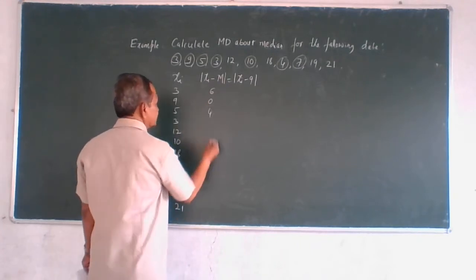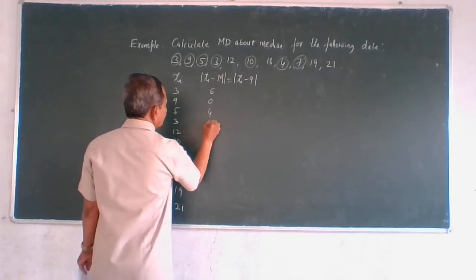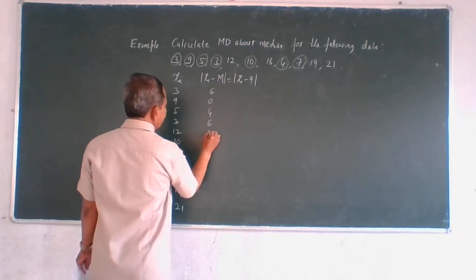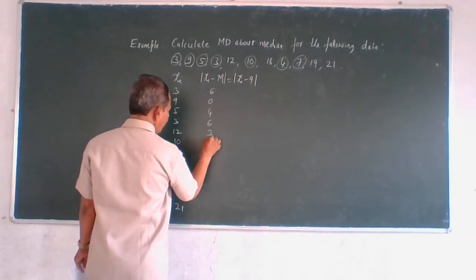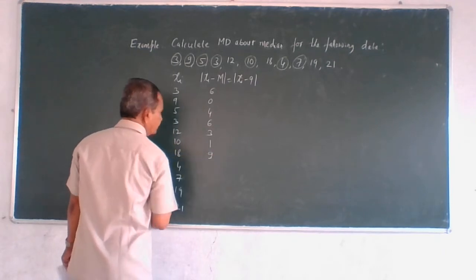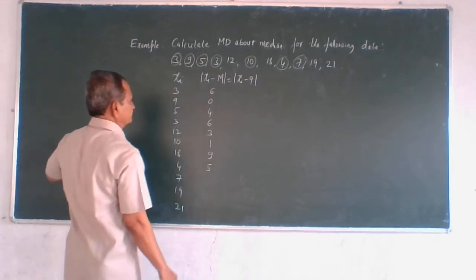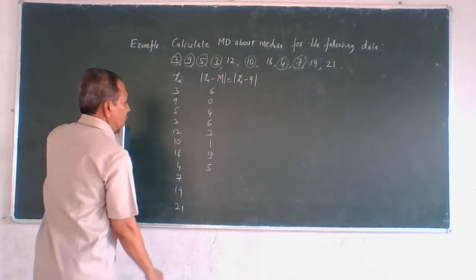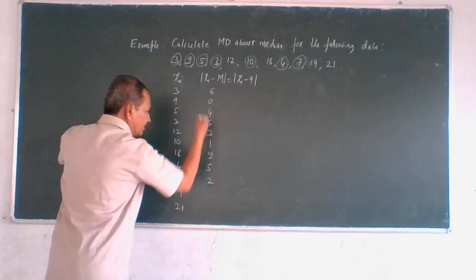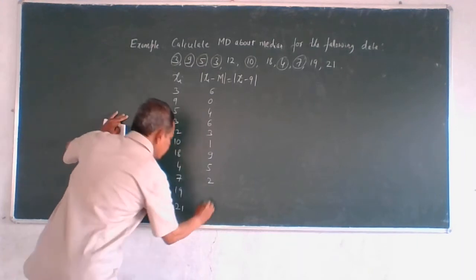Take the positive deviations. 12 minus 9 is 3, 4 minus 9 is 5, then 7 minus 9 is 2. We are taking the positive. 19 minus 9 is 10.